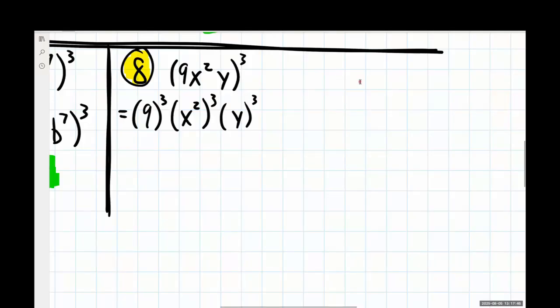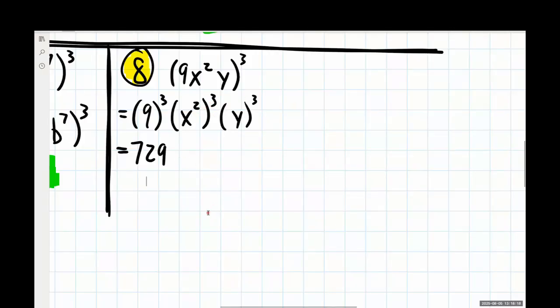Cubed, another way you could think of it. At this point, 9 to the third power, you can use your calculator to enter that in, or you can expand that out to 9 times 9 times 9. Either way, we should be getting 729. We have x squared raised to the third power, and this is going to use our power rule, which states that if an exponent is raised to a power, the two exponents will multiply together.